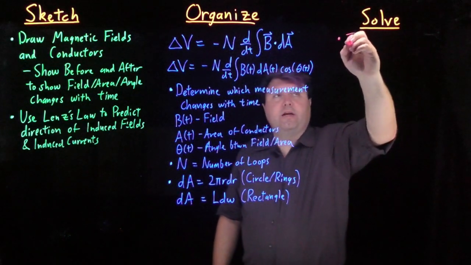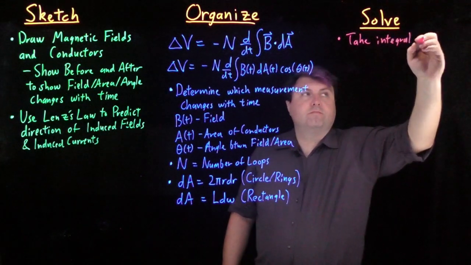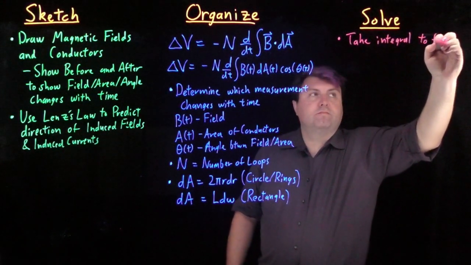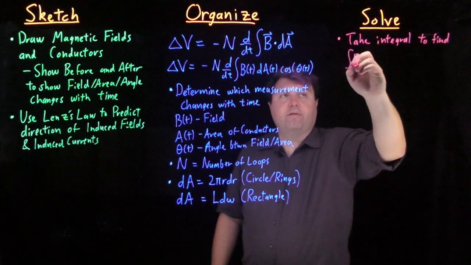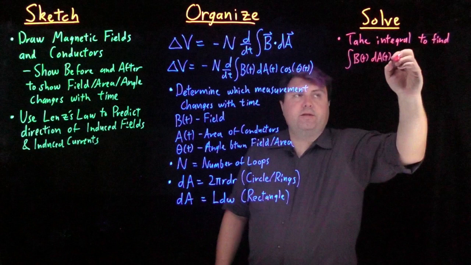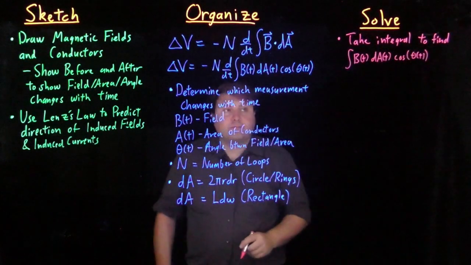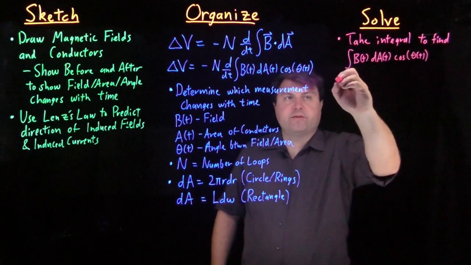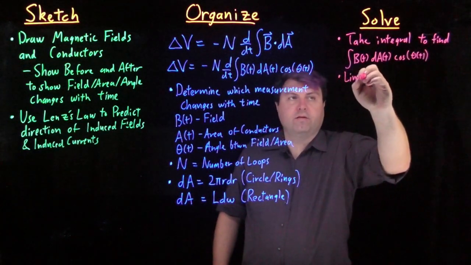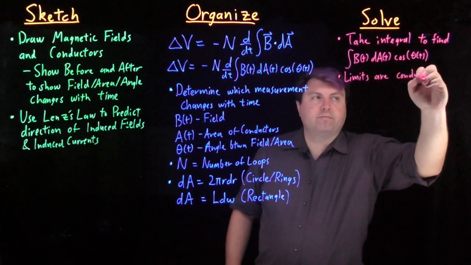So we want to take an integral to find the integral of B of t, dA of t, cosine of theta of t. And our limits are the conductor's geometry.